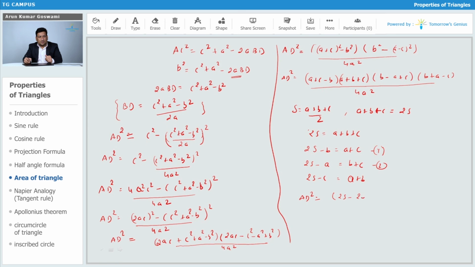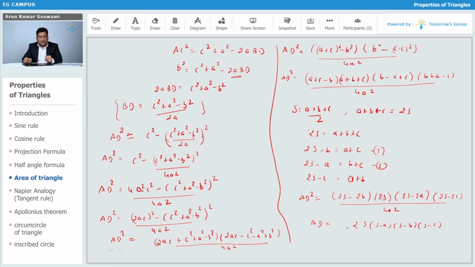Just substitute these values, so you will get AD square as nothing but (2S minus 2B)(2S minus 2A)(2S minus 2C) and 2S, whole divided by 4A square. So finally my AD square comes as, if I take 2 common out, definitely the 4 will be cancelled with this 2, so I'll get 2 into S, (S minus A)(S minus B)(S minus C).